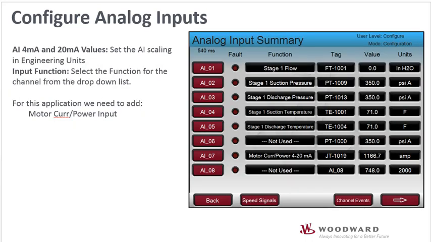So how do we achieve the I/O for that configuration? The suction pressure of section 1 is going to be used for performance, and we're already using that for our anti-surge control. So no further configuration is needed as far as the analog input on that. But we do have to add in a motor current 4 to 20 signal to be used by our limiter.